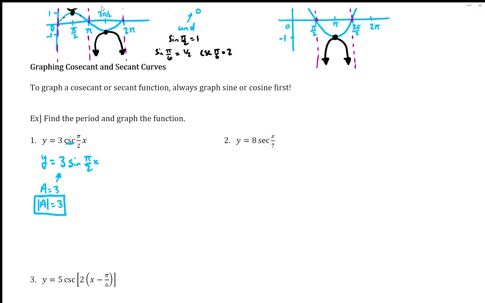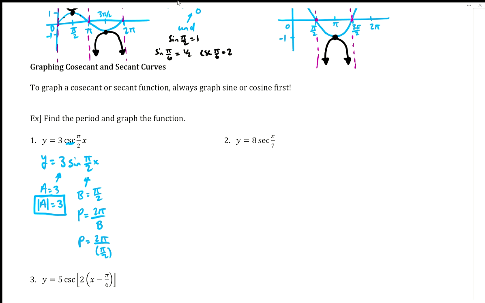However, remember the sign with the a is more important. And then we have our b value, which is pi halves. In case you've done cotangents or tangents in between, here our period is 2 pi over b, just like sine and cosine from the beginning. So we'll plug in the pi halves: 2 pi over pi halves.